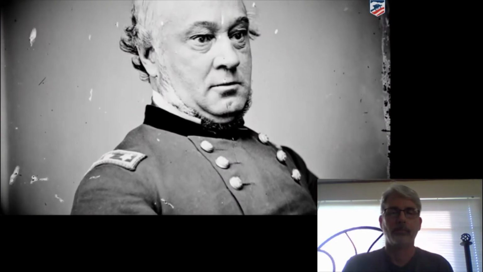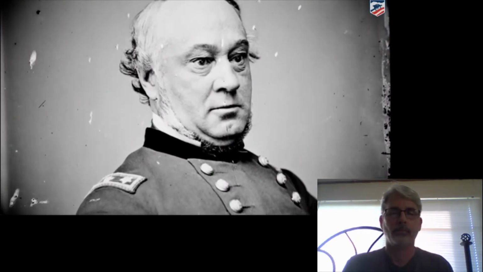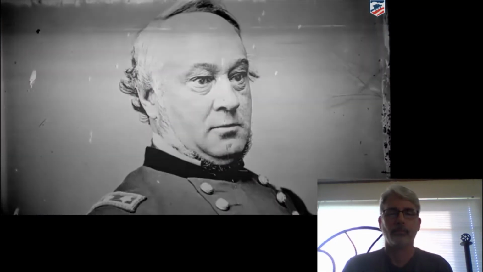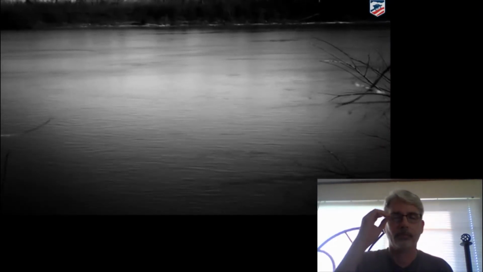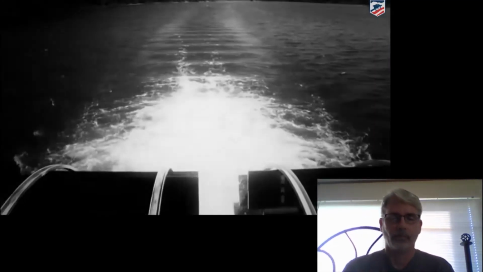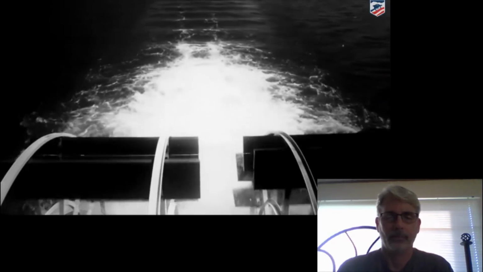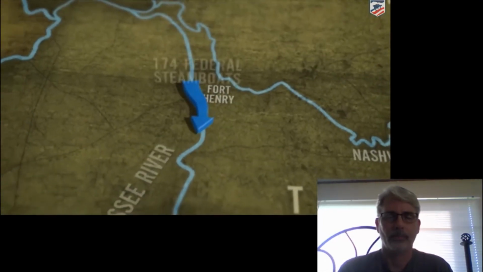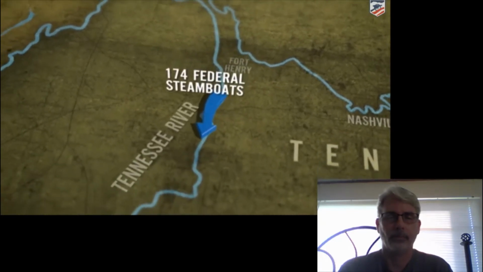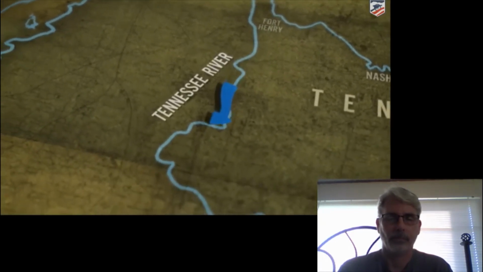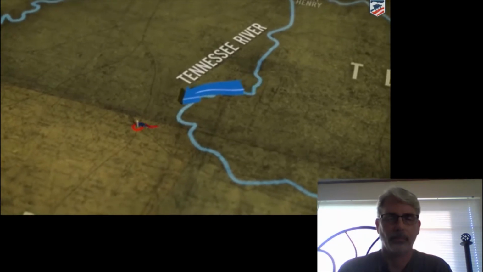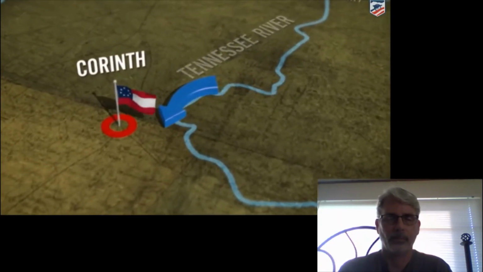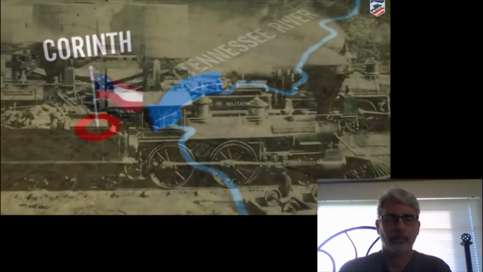Major General Henry Halleck, commanding the Department of Mississippi, ordered federal forces up the Tennessee River, a major conduit into the heart of the Western Confederacy. The Federals embarked in March, using 174 steamboats to ferry almost 40,000 men toward their eventual target, a now bustling junction in northern Mississippi.